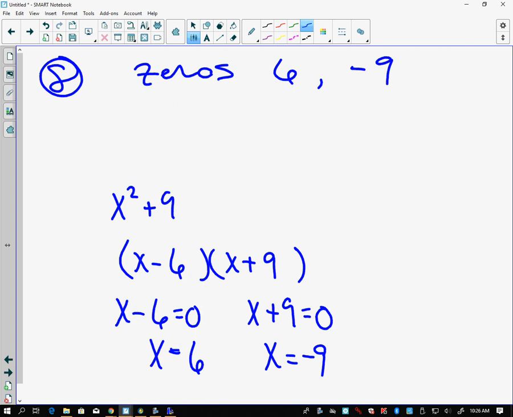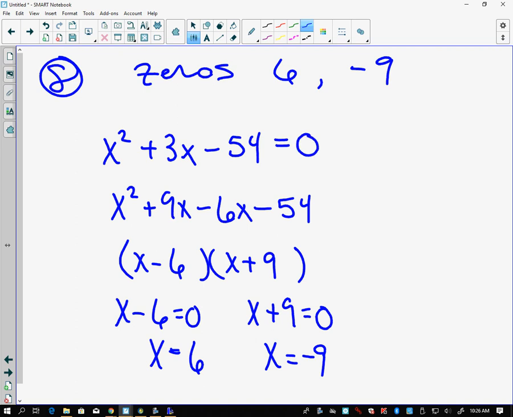Plus 9x minus 6x minus 54. Okay, now what? Combine like terms. So I have x squared plus 3x minus 54. And we're going to say equals 0.